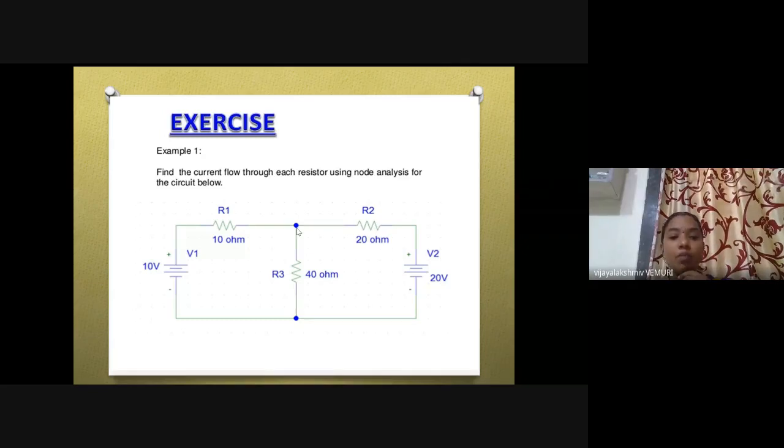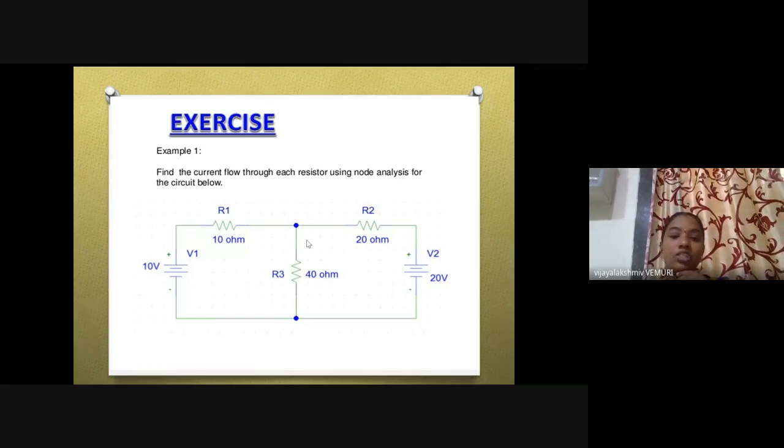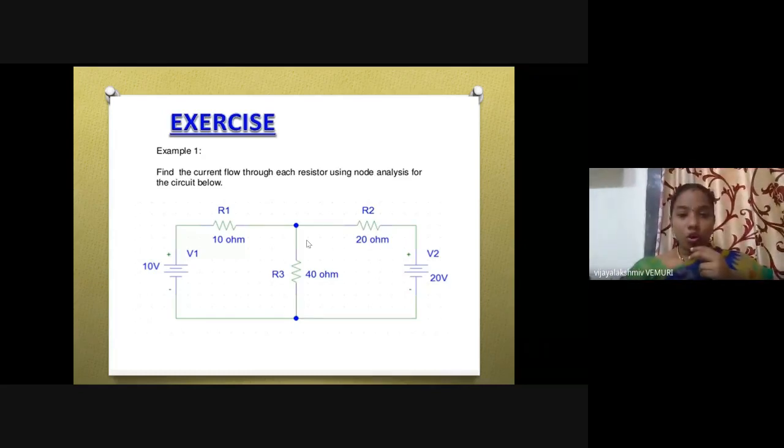Now coming to this point, this is a connection of three or more branches. So this is considered to be an essential node. Nodal analysis is applied to essential nodes but not normal nodes. This essential node is also called a junction.